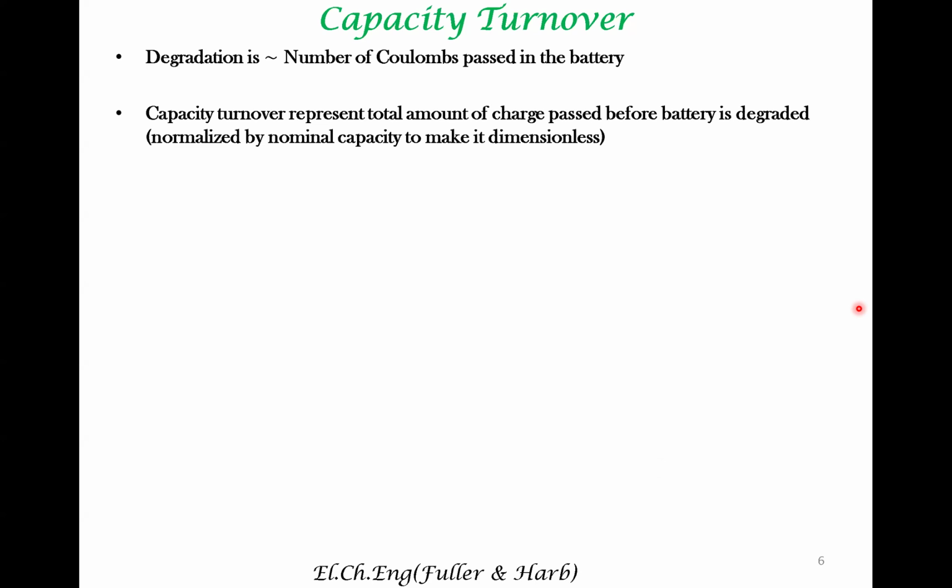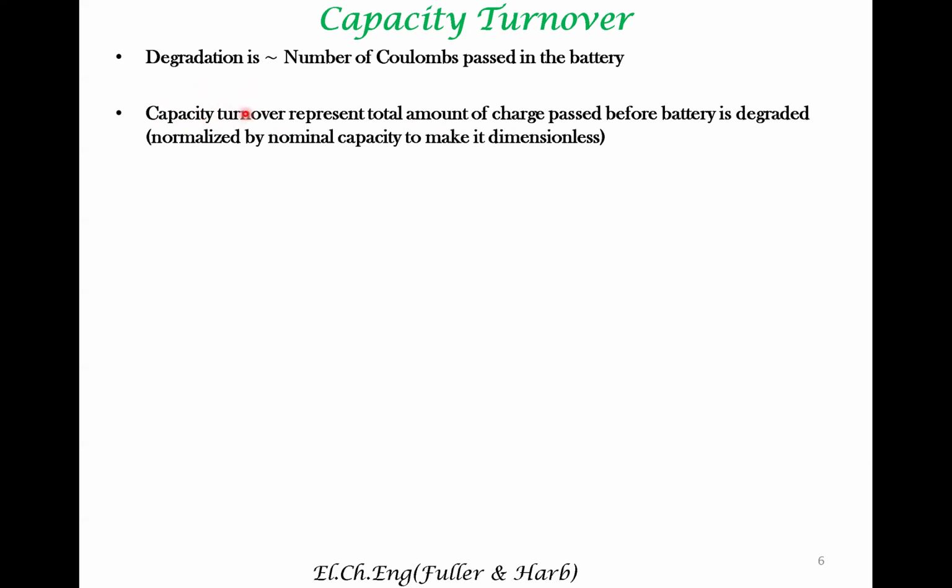So before that happens, you may have operated the battery, let's say, over 1,000 cycles. So when you operate the battery over 1,000 cycles, the total amount of charge that has been passed over these 1,000 cycles goes in the numerator, divided by the nominal capacity would give you the capacity turnover.